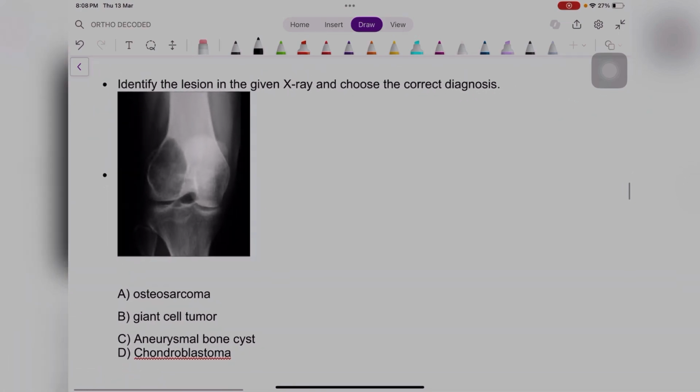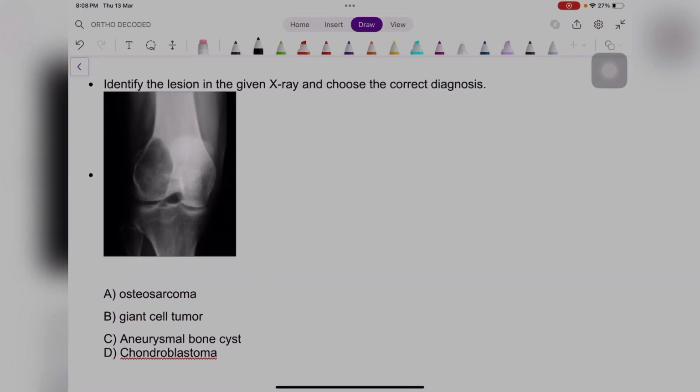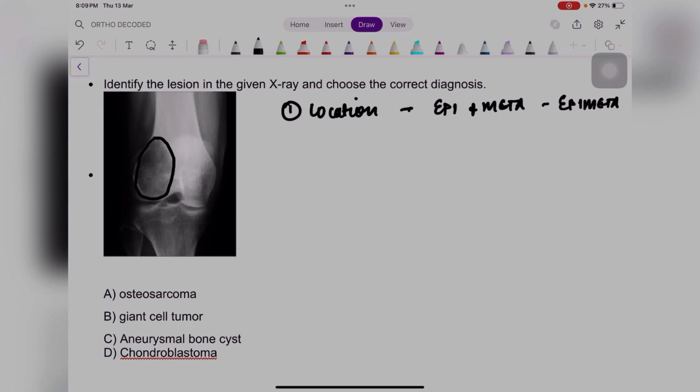So now your next question is, identify the lesion given in the X-ray and choose the correct diagnosis. When an X-ray is given to you like this, first of all, identify the location. So where is the location? It is in the epiphysis as well as in the metaphysis. So think of a tumor of epimetaphyseal. So this should be your first clue. It is eccentric. Can you see it is eccentric?